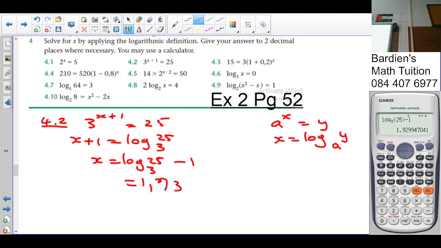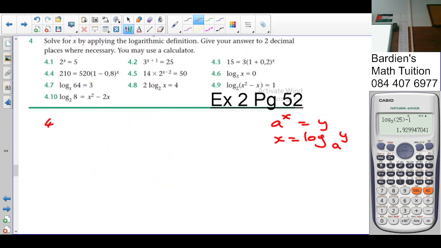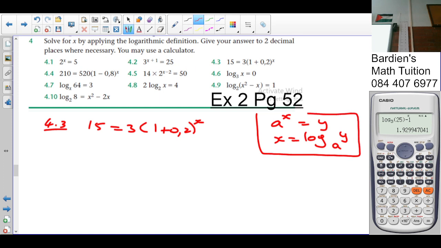Any problems with 4.3? You got 15 equals 3 times (1 plus 0,2) to the x. Firstly we must get it in the form a to the x equals y. So what do I do first? Divide by 3.